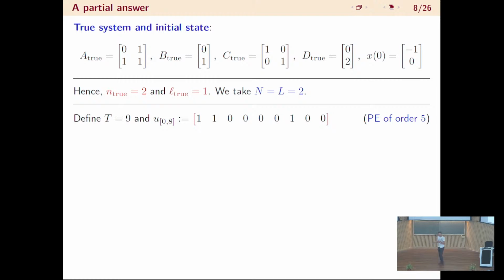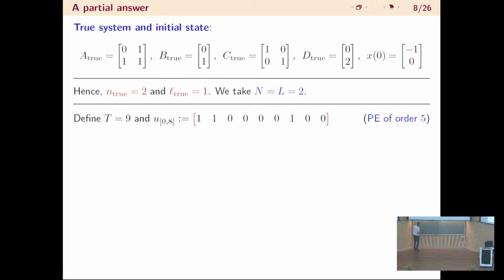And one input that does the trick, there are many different choices, but for instance, you could choose the input U on 0 to 8 to be 1, 1, followed by zeros, then 1, and zeros. This is an input that is persistently exciting of order 5. Maybe you don't see that immediately. I also don't see that immediately, by the way. So I have to check that.